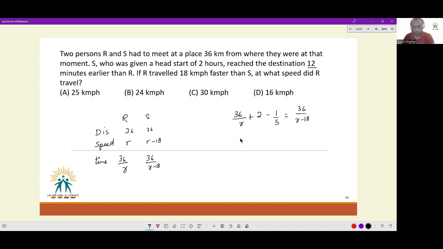This is what we have got. So 36 by R plus 9 by 5 is equal to 36 by R minus 18.